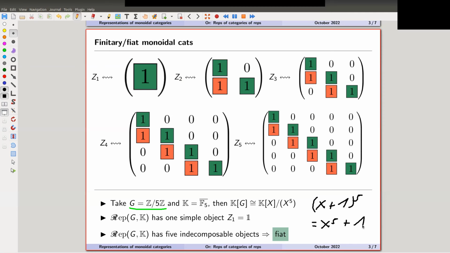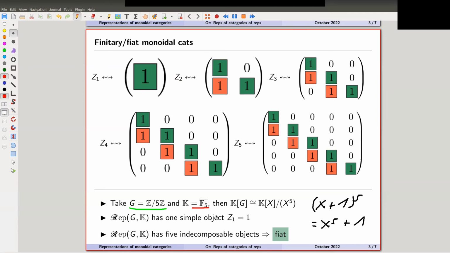So cyclic groups are always good unless you are in the defining characteristic of the cyclic group. And then something funny happens. The defining characteristic here is, of course, F5. I just take F bar, going to the algebraic closure because it's a bit easier to work with an algebraically closed field, but the main features already happen for the field with 5 elements.